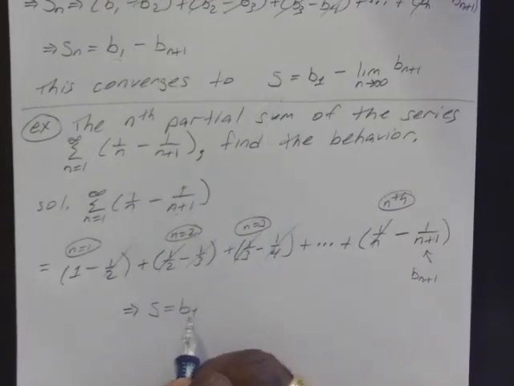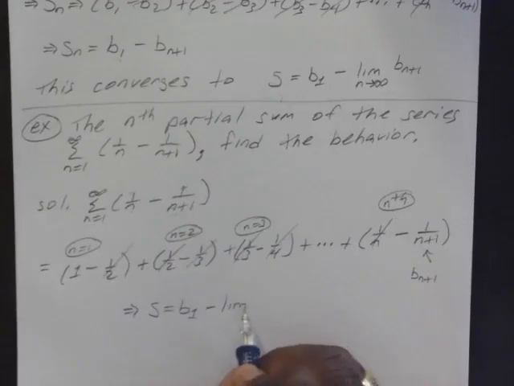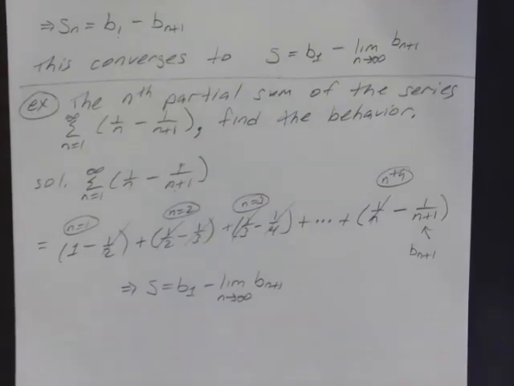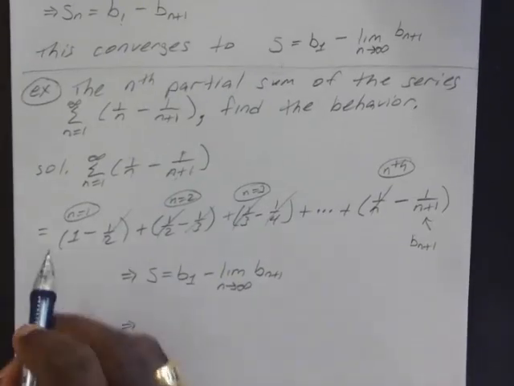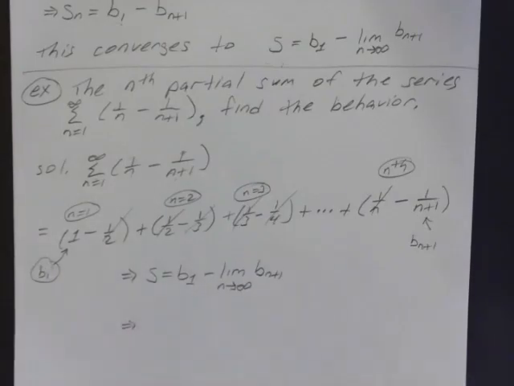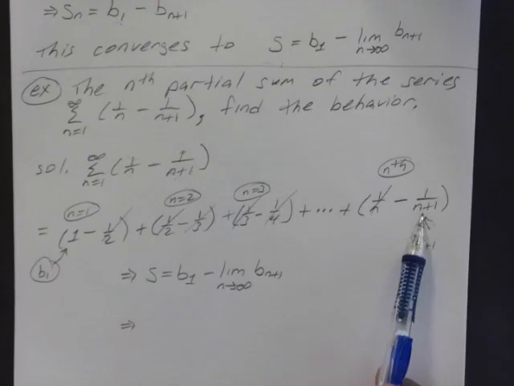S is equal to your b sub 1 minus the limit of b sub n plus 1 as n approaches infinity. Well, in this case, your b sub 1 is 1. And this is your b sub n plus 1.